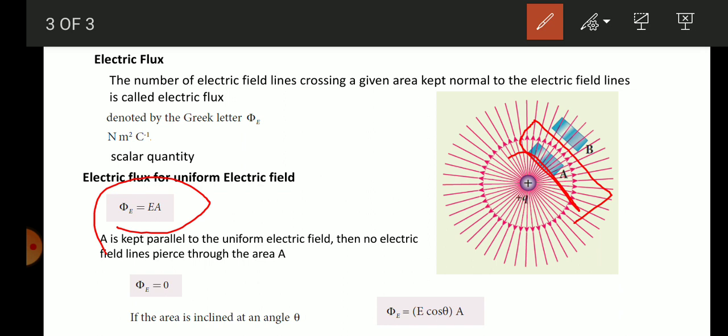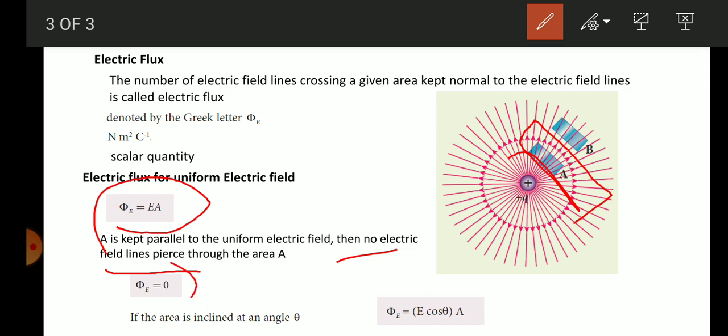If A is kept parallel to the uniform electric field, then no electric lines pass through area A. That is what I told you previously: the area must be considered normal to the electric field. If you keep it parallel to the uniform electric field, then there won't be any flux. It will be zero.